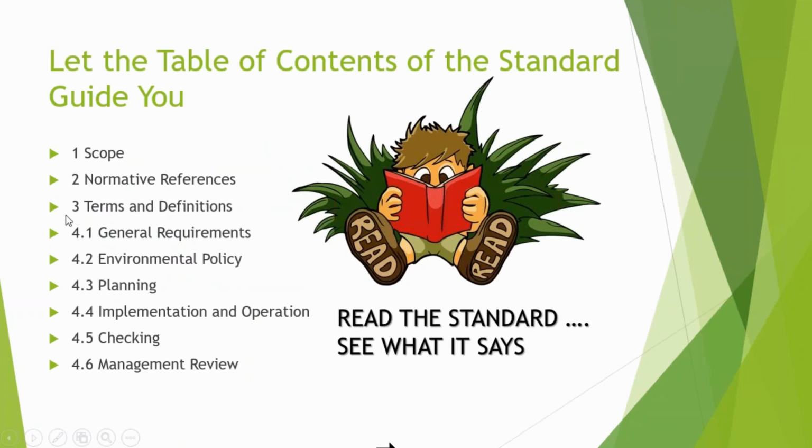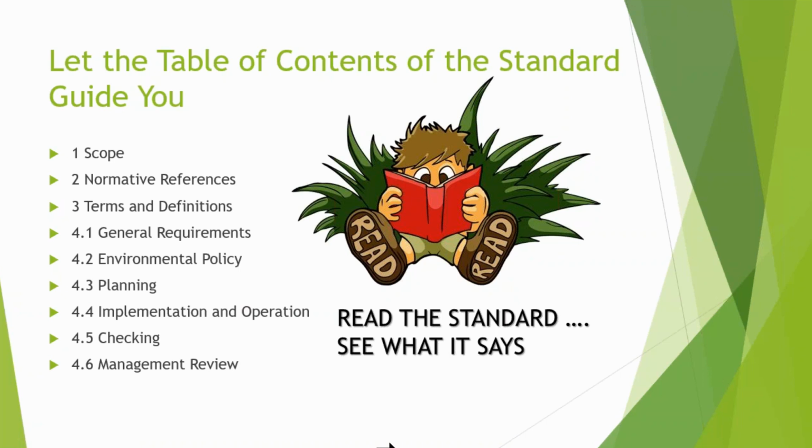Then 4.1 general requirements is just introducing us to some of the generic requirements for the environmental management system. 4.2 then describes our requirements for creating an environmental policy, which we said was a requirement of the standard, documenting that environmental policy. Also in that section, you'll find that it's a requirement to document our objectives.